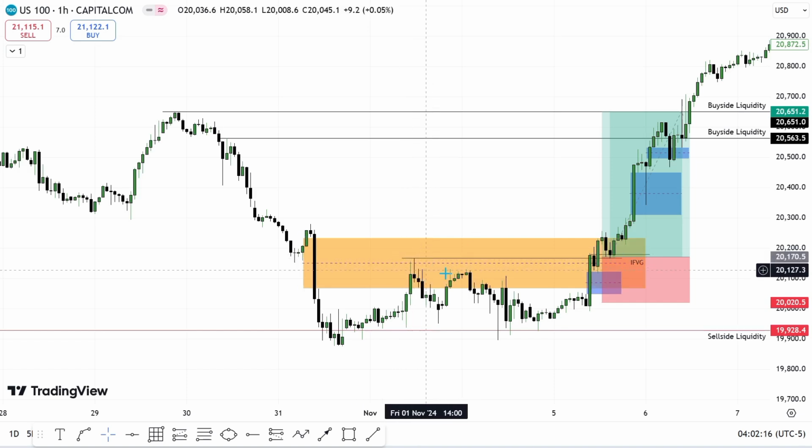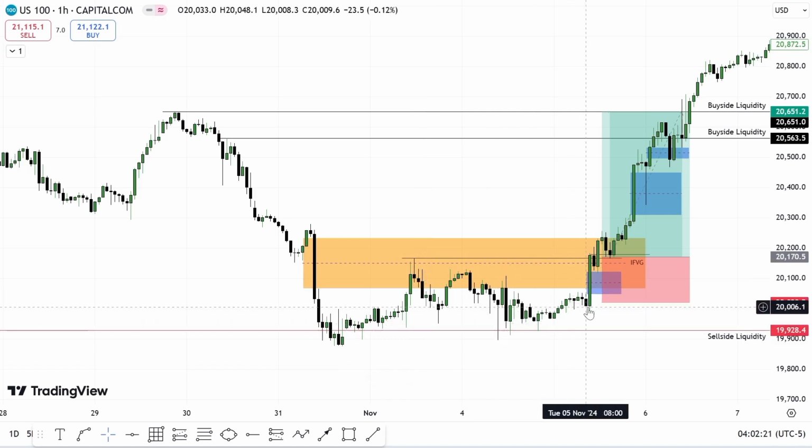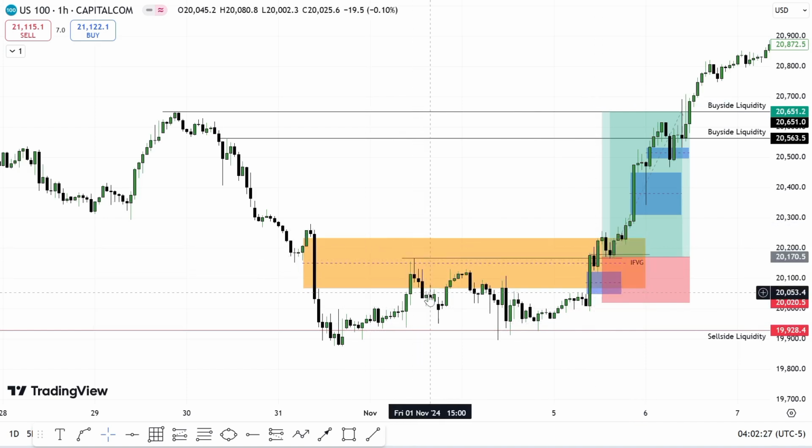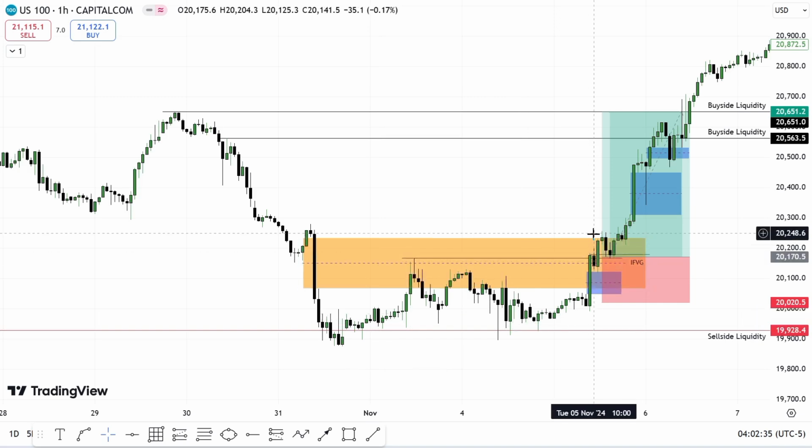It retraced back to this fair value gap, traded back to this sell side liquidity. Then our interest would be to see it displace. Initially we are just watching the behavior around here because it has taken a sell side liquidity, so we're not really interested in doing much, right? Then it displaced higher.